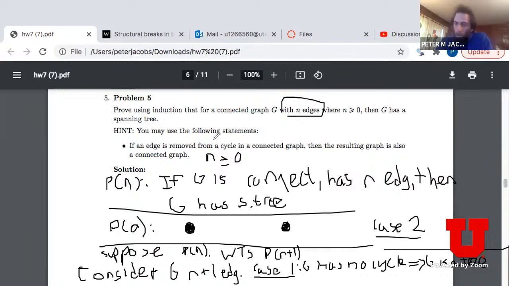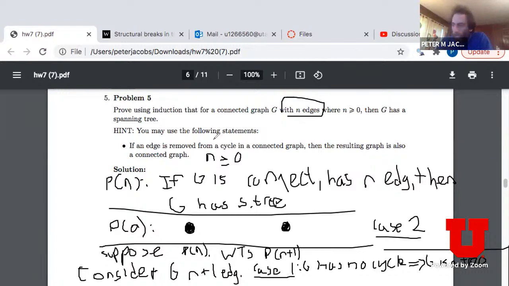So that spanning tree spans G prime, and it also spans G, because G prime and G have the same vertices. That's because the edge that we removed from G to create G prime, we didn't remove any vertices. All we did is remove an edge.